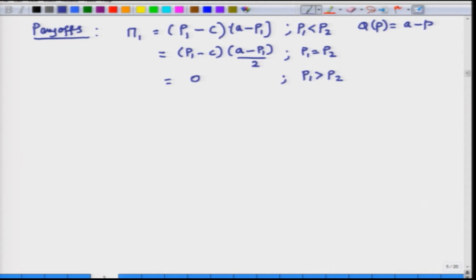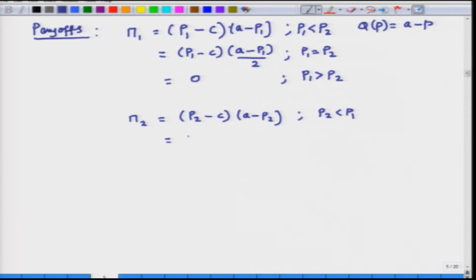And for completeness, let us also write down the profit of firm 2. Firm 2's profit again is total revenue minus total cost. That is going to be P2, the price that it charges, minus the marginal cost times the quantity that it sells. The quantity that it sells will be A minus P2 provided P2 is less than P1. If the price charged by firm 2 is lower than the price charged by firm 1, then it gets the entire market demand.